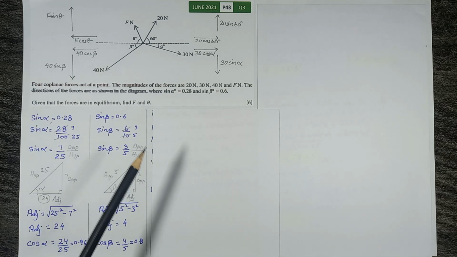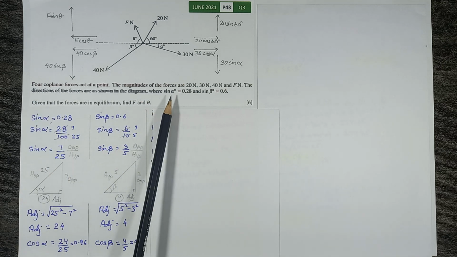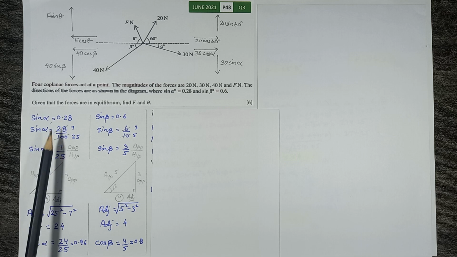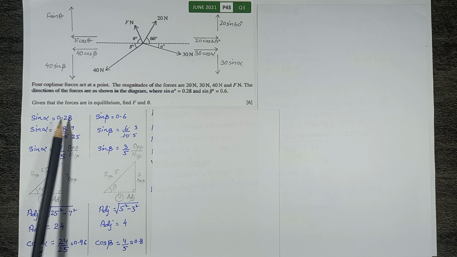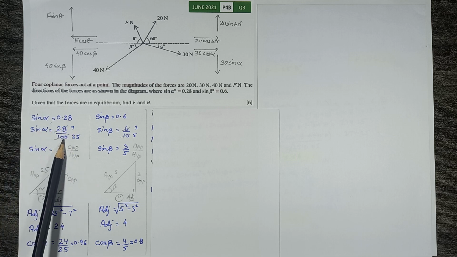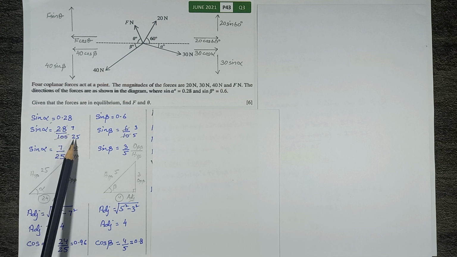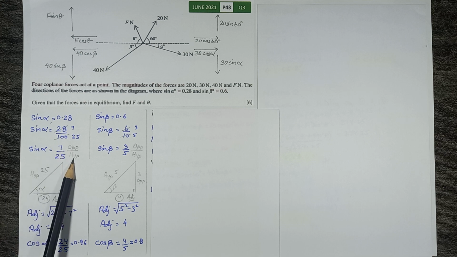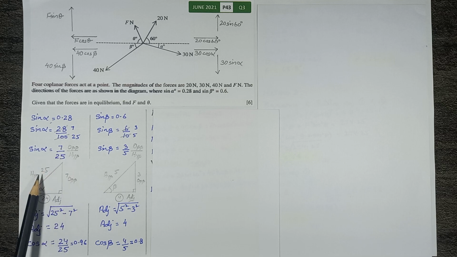If we just look at the working, we can see that sine alpha is 0.28 and this 0.28 can be written as 28 upon 100 due to the two decimal places, and this 28 upon 100 when simplified would be 7 upon 25. And we know the relation that sine is equal to opposite upon hypotenuse. Opposite is over here, so opposite is basically representing 7, hypotenuse is 25.